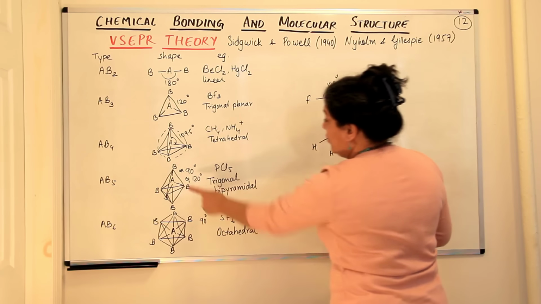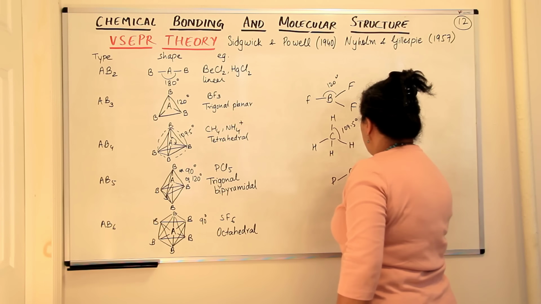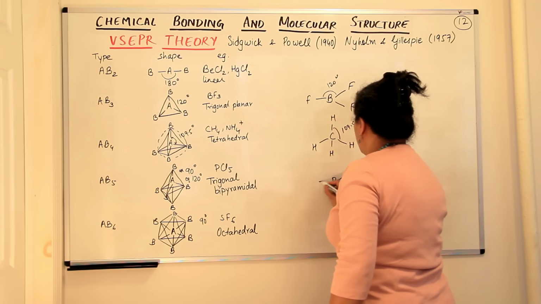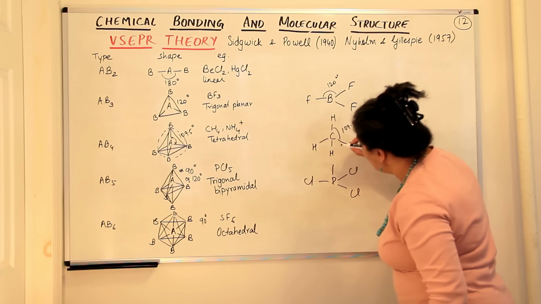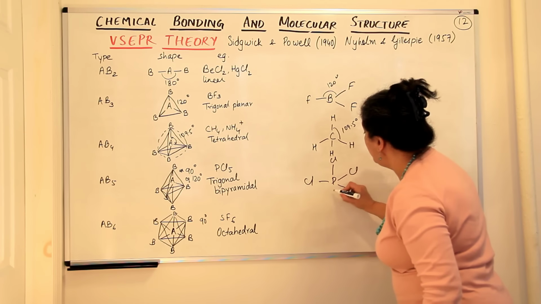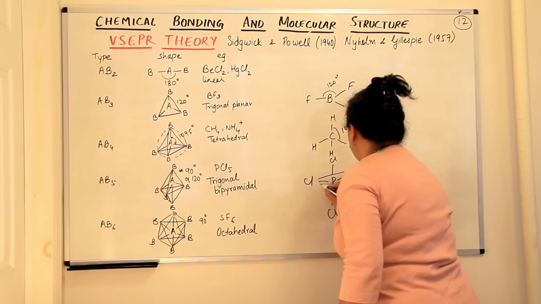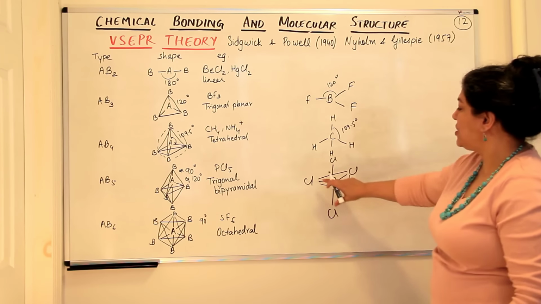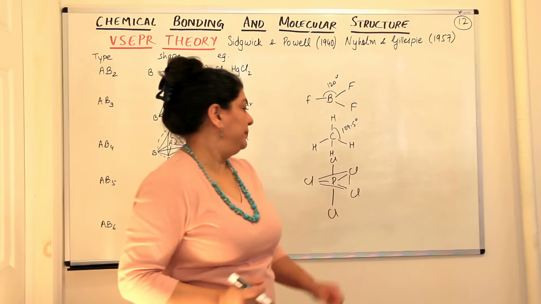So if I had to make only the bonds of PCl5, phosphorus would be in the center, the 3 chlorines forming 3 corners of the triangle, and one chlorine up here and one under here. This is forming one surface, but these 2 are not in the same plane. They are above and below, right?